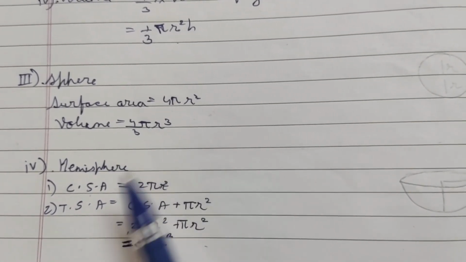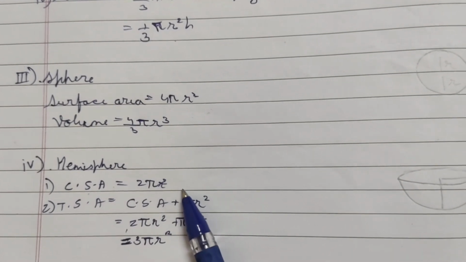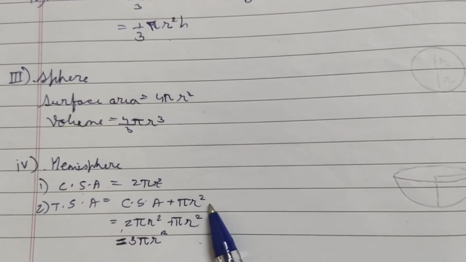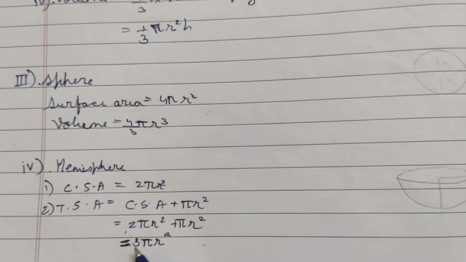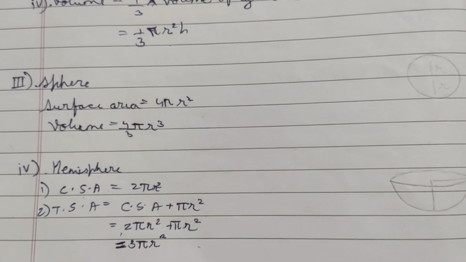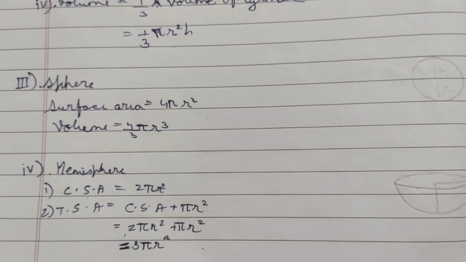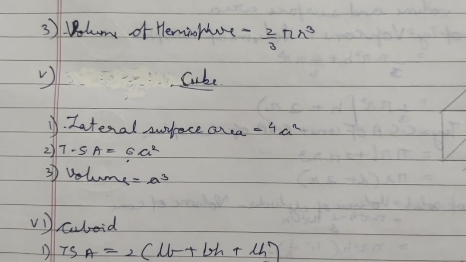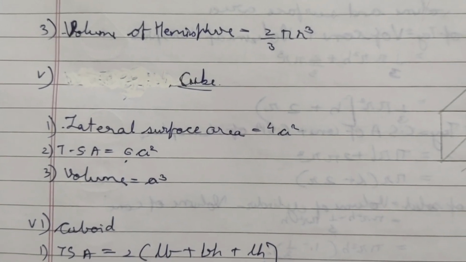Same way hemisphere. Curved surface area is 2 pi R square and total surface area is curved surface area plus pi R square. After adding, we are getting here 3 pi R square. So the total surface area is equal to 3 pi R square. Next, volume of the hemisphere is equal to 2 upon 3 pi R cube.